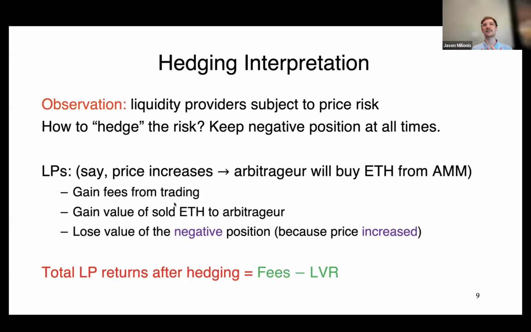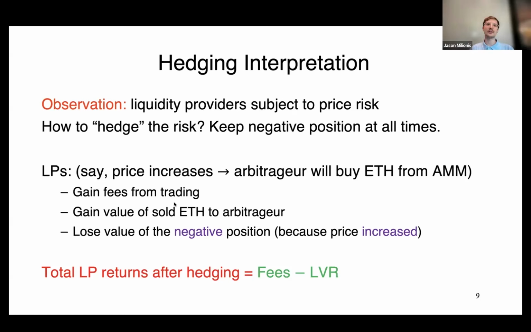And so by the arbitrageur going to buy Ethereum from the pool, the liquidity providers are going to gain the fees that arise from this trading. So let's say that's some proportion, let's say 30 basis points. A basis point is basically 1/100th of a percentage point. So 30 basis points, basically 0.3%, of the pool value would be a gain for the liquidity provider.